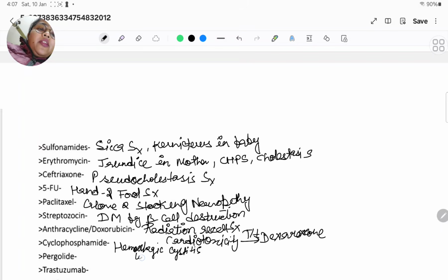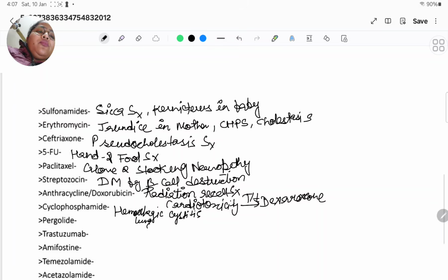And it causes lung fibrosis. There are other drugs also which cause lung fibrosis, like carmustine and busulfan, but this drug also causes lung fibrosis. Along with that, it causes infertility also. This is a PYQ. And it causes secondary leukemia as well.